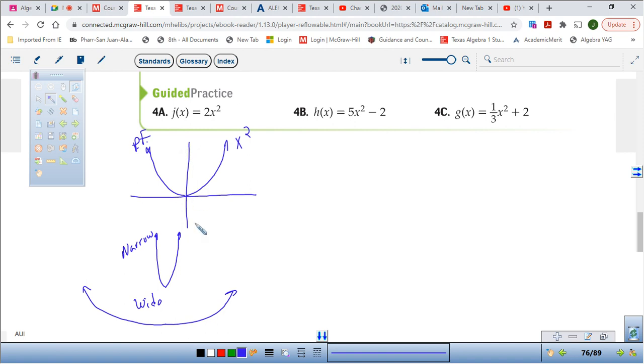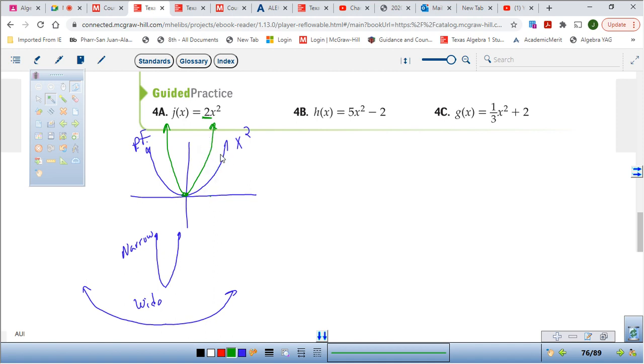Is it more wide? This number makes it more narrow. Since that one's bigger than 1, one is going to be greater than 1. It means that when I go x squared times 2, my y values are bigger now. So it's going to be more narrow.